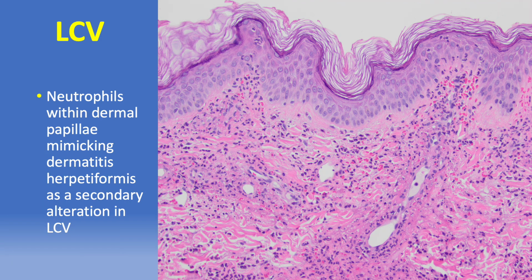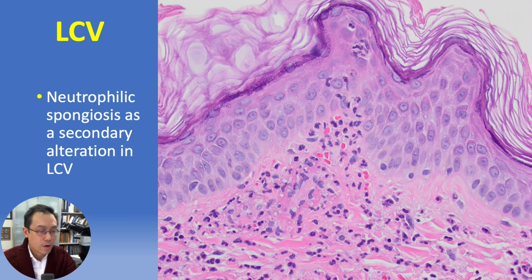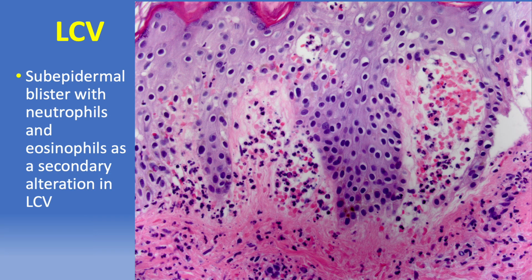In some examples of florid LCV, prominent extravascular neutrophils can migrate up towards and into the overlying epidermis, mimicking other immunobullous disorders such as dermatitis herpetiformis, with neutrophils collecting within dermal papillae and with overlying neutrophilic spongiosis. The additional presence of eosinophils can evoke consideration of other subepidermal blistering disorders such as bullous pemphigoid.